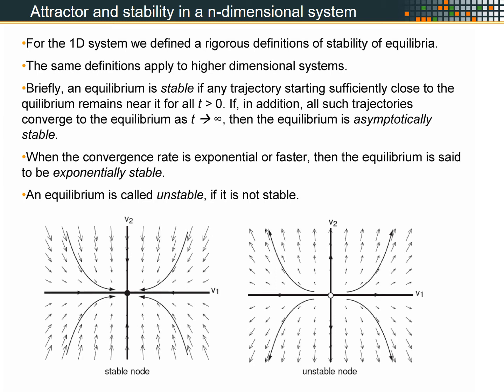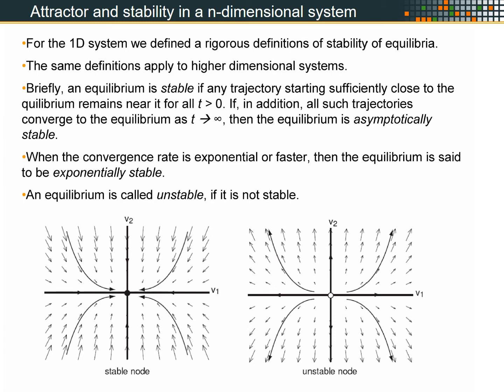We would like to extend this concept of stability to more than one-dimensional systems, to the higher dimensional systems. And we can do this. We, for example, identified that if we have a two-dimensional system or high-dimensional system, we can also have closed orbits like a circle.